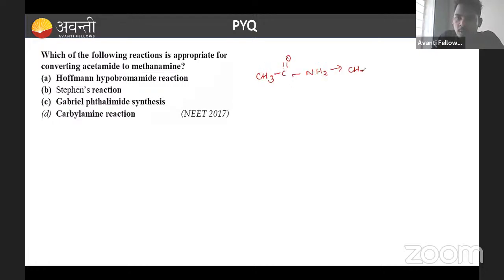We know that to reduce the number of carbon in a particular chain, we have to use the Hofmann bromamide reaction, in which we just omit this group.